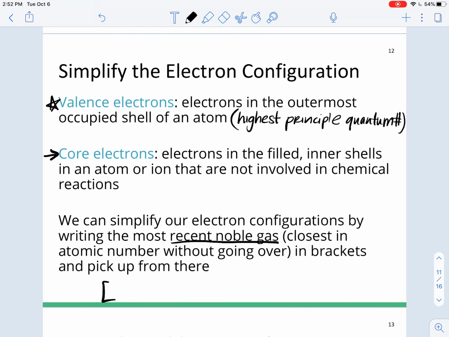All right, so the bracket part are going to be those core electrons, which again, we're not that interested in. They're sheltered, they're not going to participate in chemical reactions. So we can just list them as a group, and then after, we'll list those valence electrons. And again, these are going to be the ones with the highest principal quantum number.